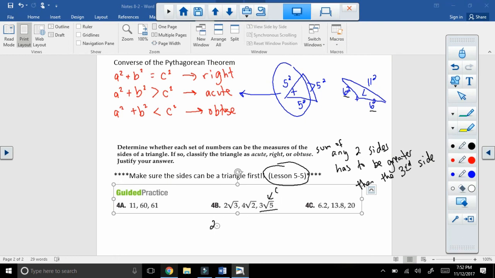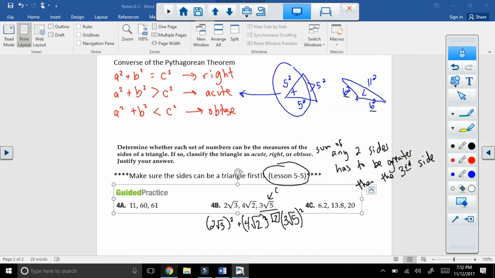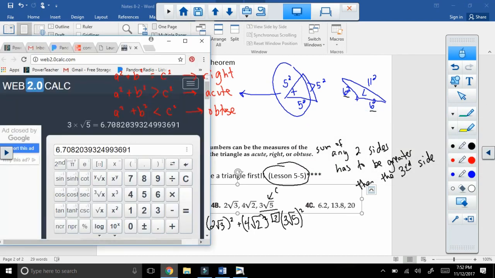So when I set this up, 2 times the square root of 3, squared, plus 4 times the square root of 2, squared, and I want to see how that compares to 3 times the square root of 5, squared. I am putting these in parentheses on purpose because I want to make sure that I have this typed into my calculator right.